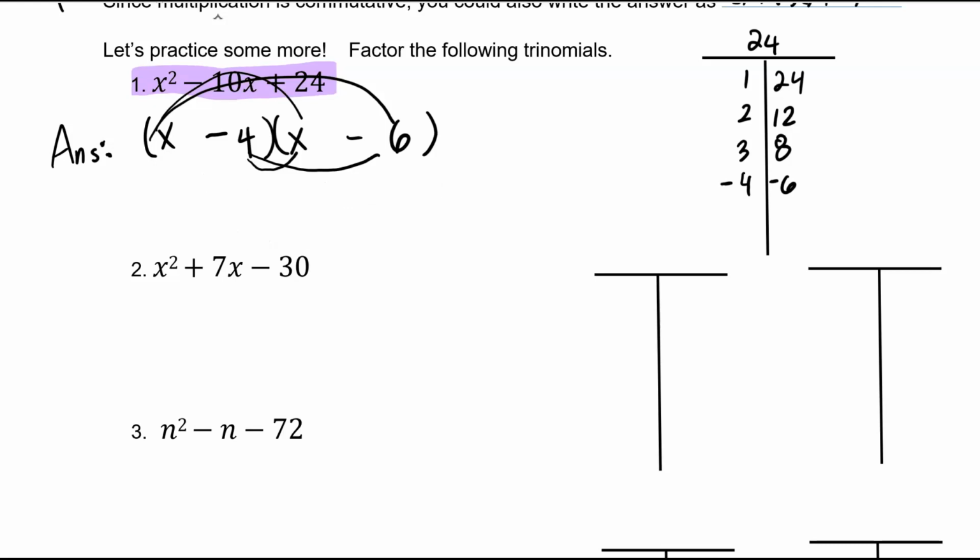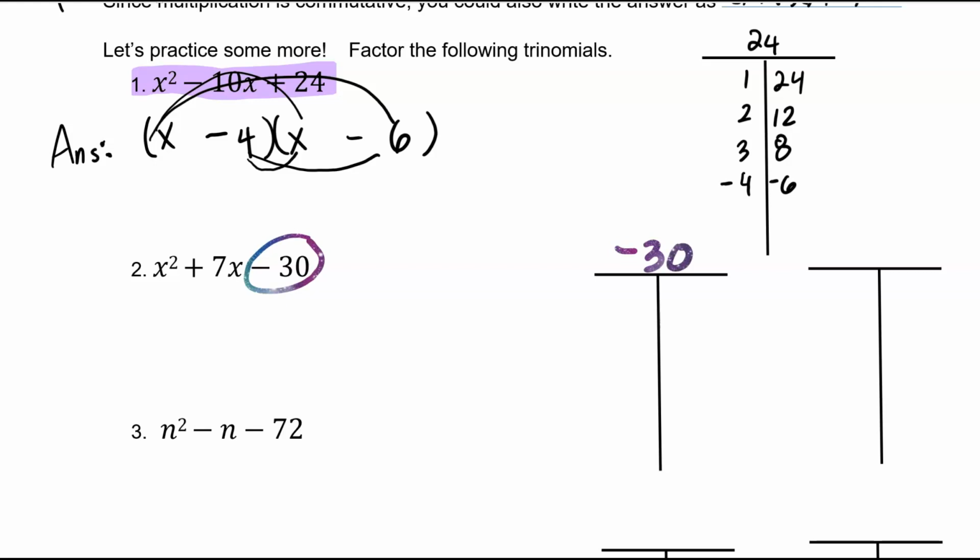Okay, moving on to the next one, we have x squared plus 7x minus 30. So our C in this case is negative 30.